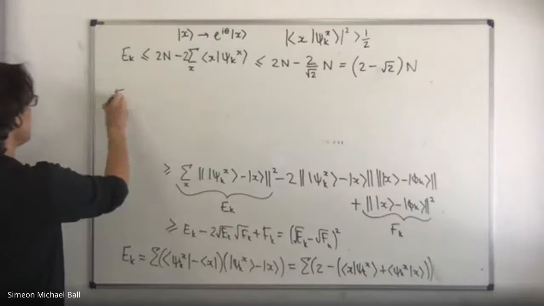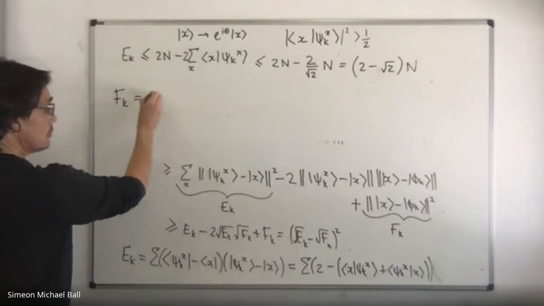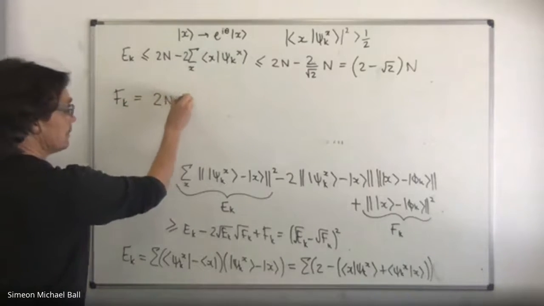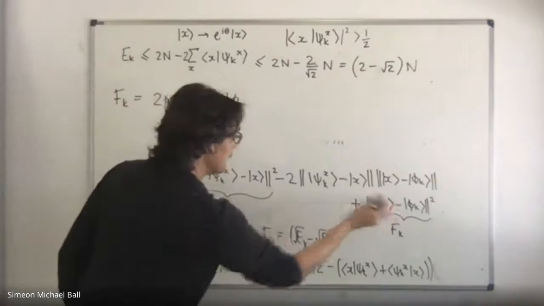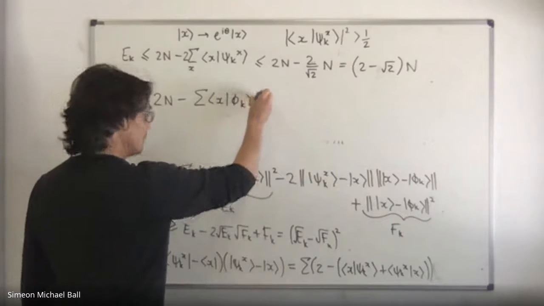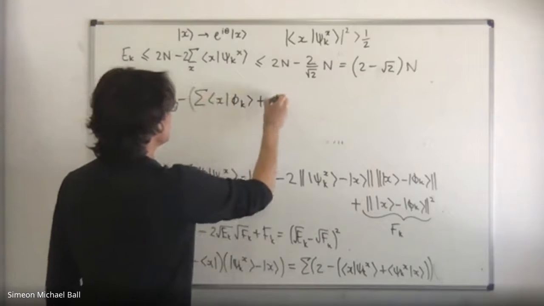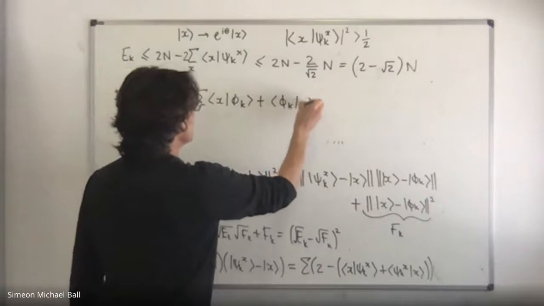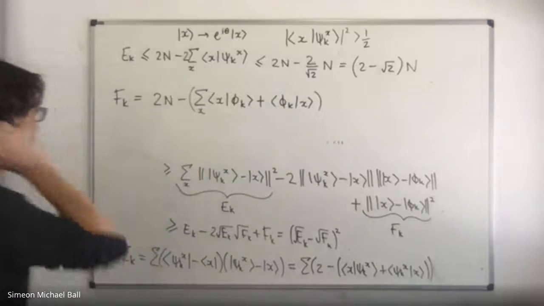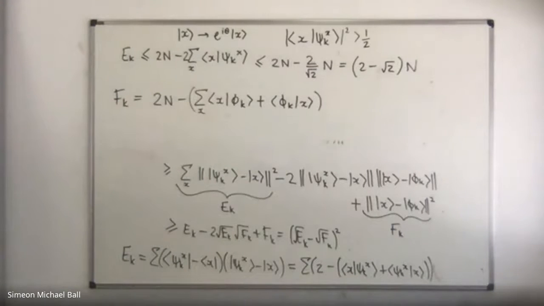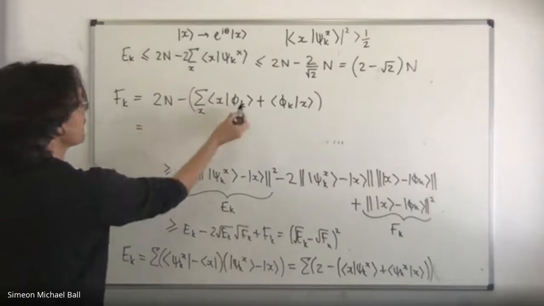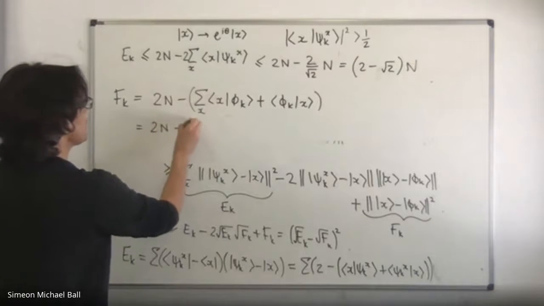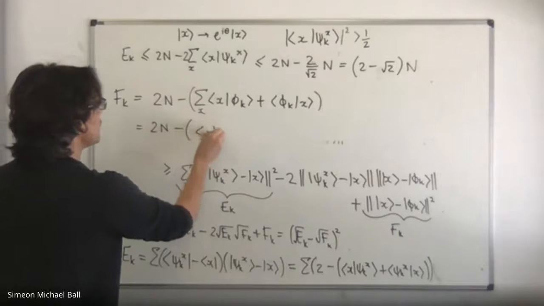So we have fk is twice 2n minus the sum of x phi k. So if we sum in x here, this phi k doesn't depend on x. This is just j phi k.